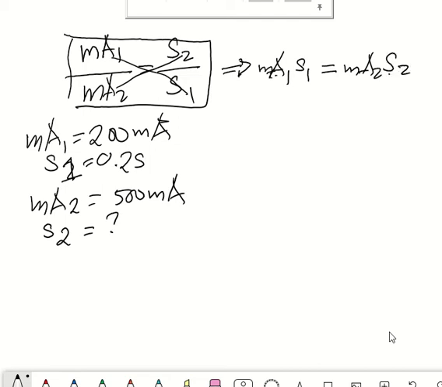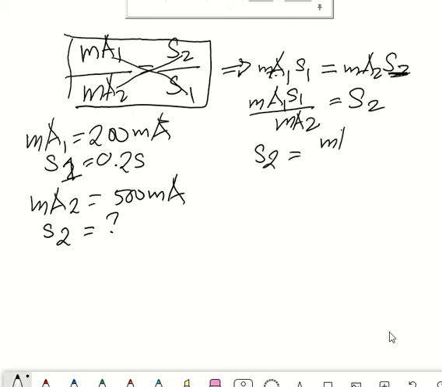We are looking for S2, so mA1 times S1 over mA2 is equal to S2. Or we can flip it: S2 is equal to mA1 times S1 over mA2.